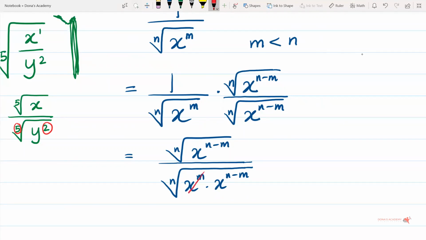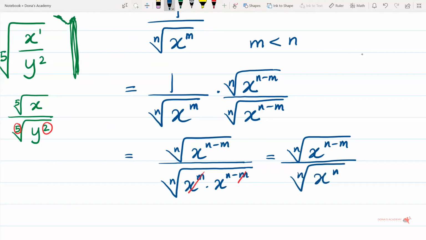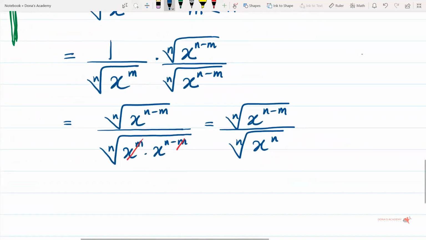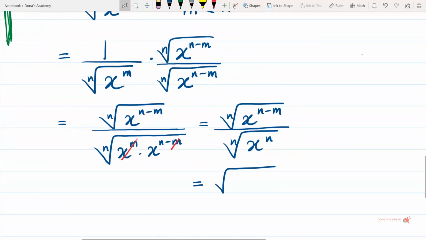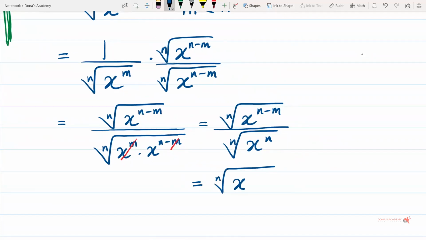I can cancel this thing with this negative m power. Then what is left is this thing in the top and the nth root of x^n in the bottom, right? Once I have this step, I can simplify the bottom to just x. So I have rationalized.